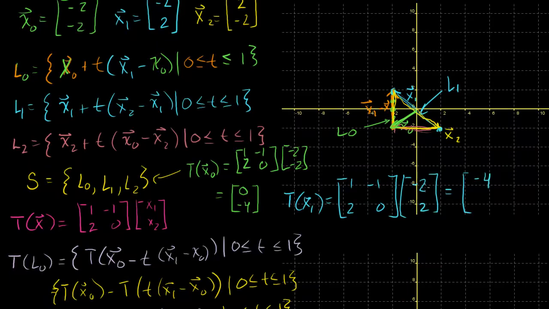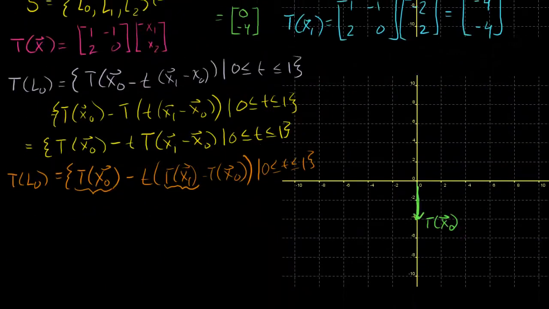And then 2 times minus 2 is minus 4, plus 0. So minus 4, minus 4. So our transformation of x1 looks like this vector right here in R2. Our transformation is going from R2 to R2, so that's why I'm able to draw them both on this nice Cartesian coordinate plane.